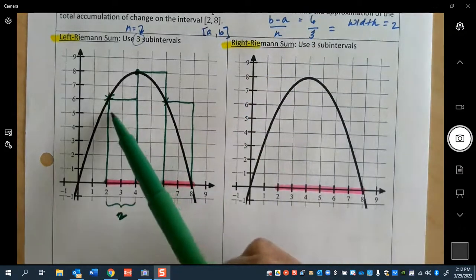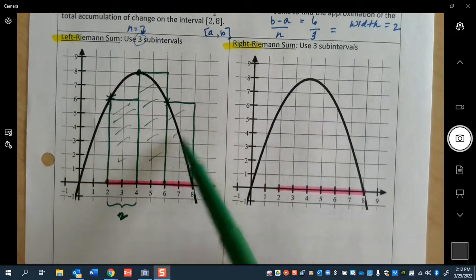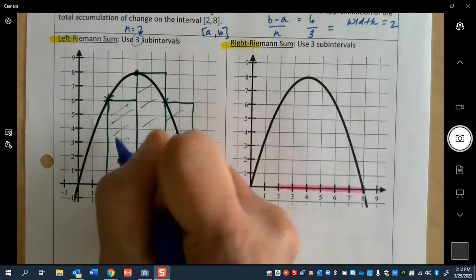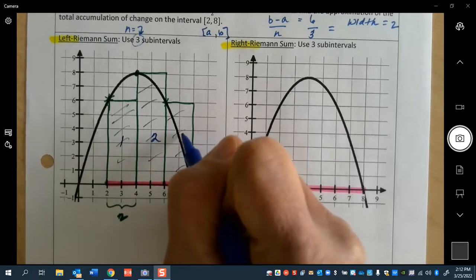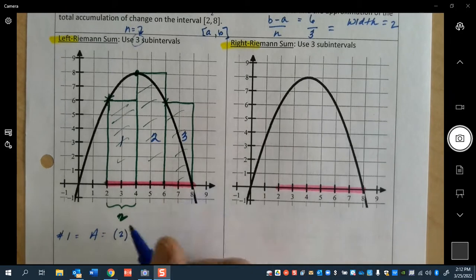So when I'm going to estimate this area under the curve, I'm going to find the area of these three rectangles and add them together, because here are my three subintervals. For my subinterval number 1, my area is equal to my width, which is 2, and my height, which is 6.